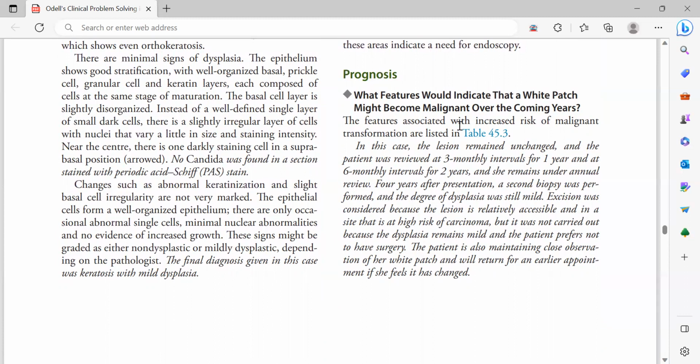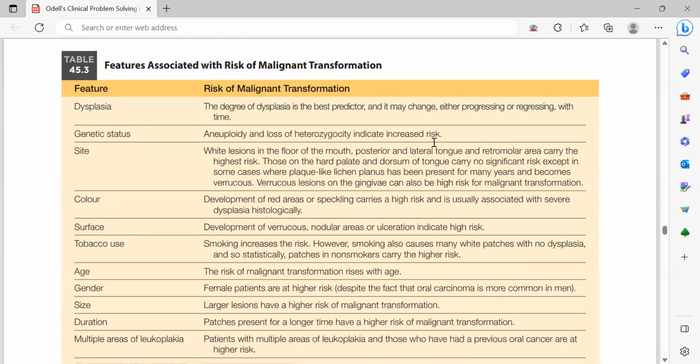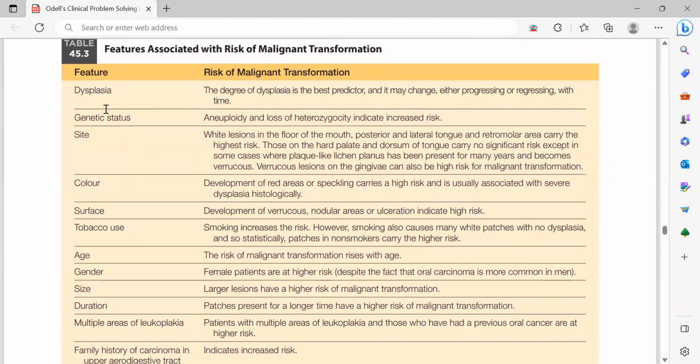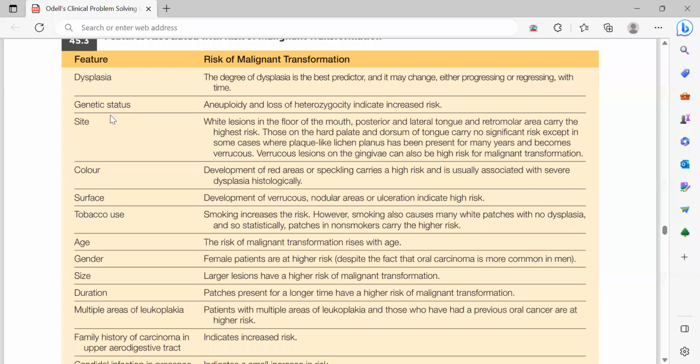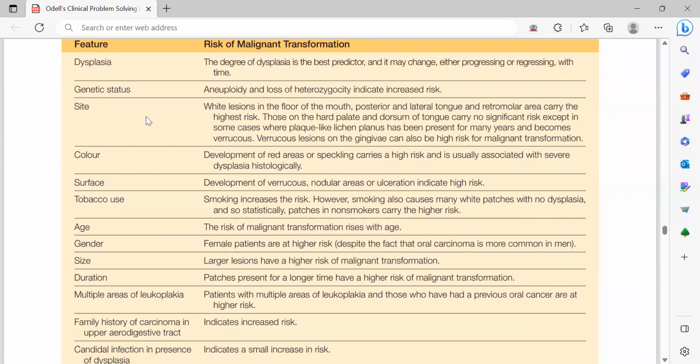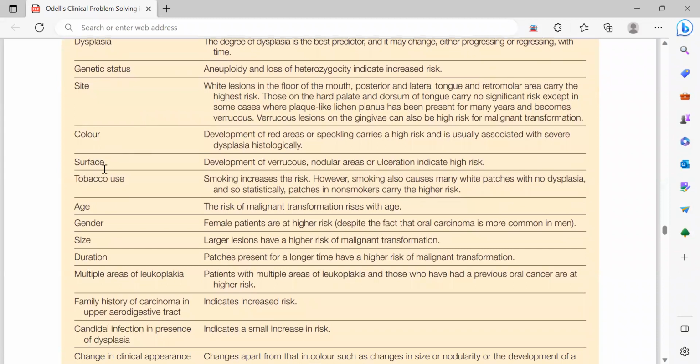Right, so the features associated with increased risk of malignant transformation are listed here. So these are, if there is any dysplasia, genetic status, then what is the site of the lesion, what is the color, if there is more red color, there would be more chances.